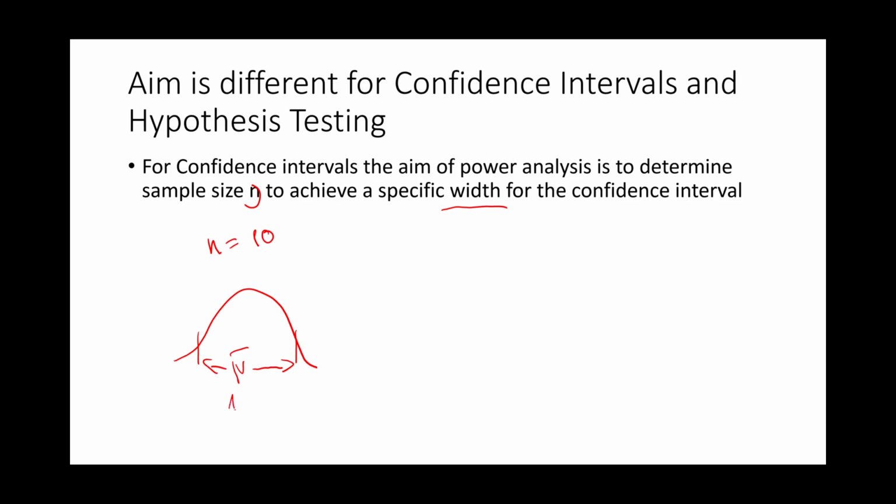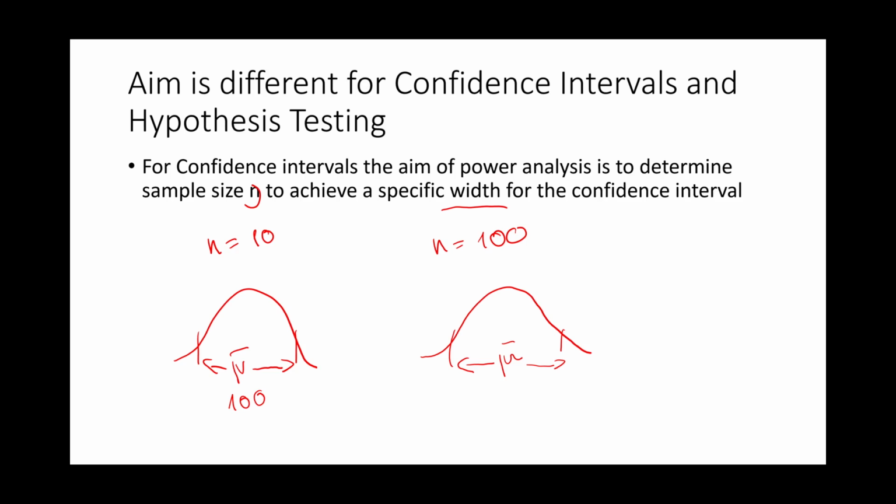Let's say the width of this confidence interval is 100 if n is 10. Now let's say the sample size n is 100. Then in this arbitrary experiment, all these numbers are made up, just to make a point, the width of the confidence interval becomes 5.